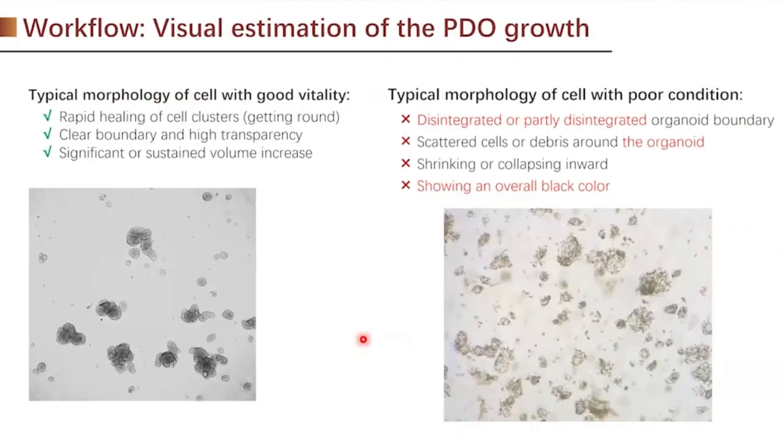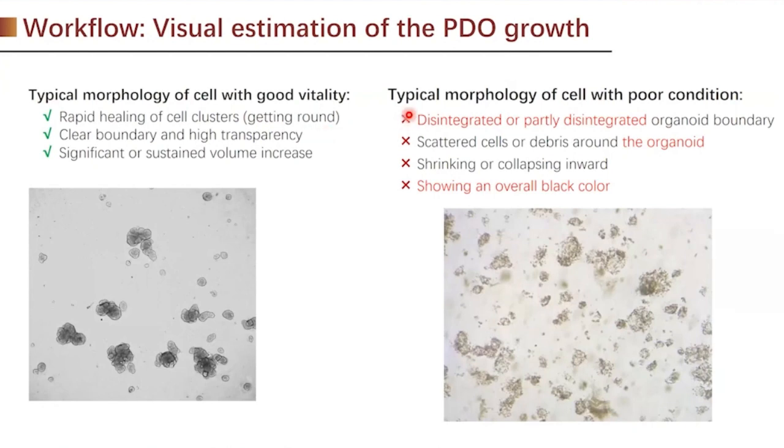From this slide, I would like to introduce good practice when we carry out PDTO testing using a microscope, such as Castor S. Visual estimation of PDTO growth is always the most important when we use PDO as models. Typically, the morphology of cells or organoids with good vitality shows, for example, rapid healing of cell clusters, clear boundaries and high transparency, or significant or sustained volume increase, indicating the organoid is in good state.